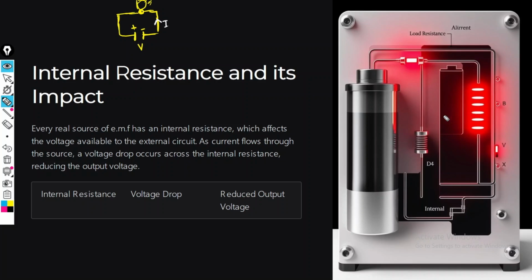Inside this battery, let's say these are the plates present inside the battery, and we have some electrolytes. Inside the electrolytes, we will have some ions.